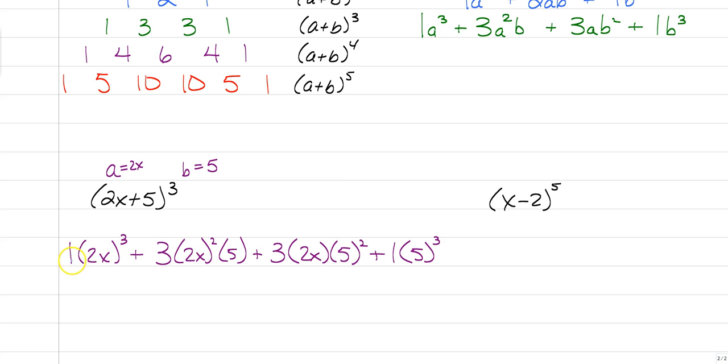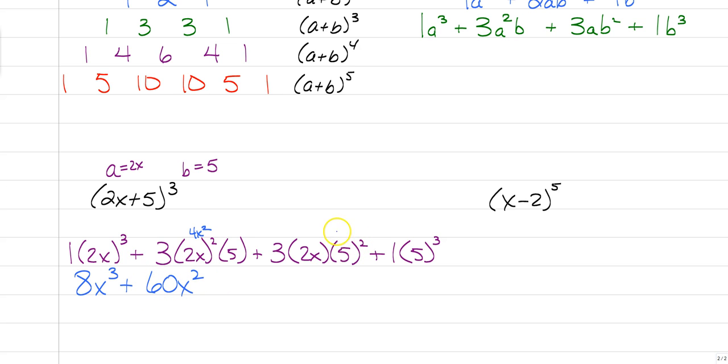So you just have 1 times 2 cubed is 8, x cubed is x cubed, plus 2x squared would be 4x squared, and multiply that times 5, and you have 20 times 3, and you get 60x squared.